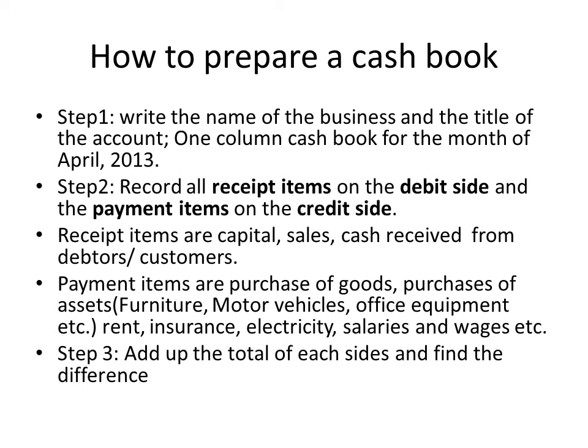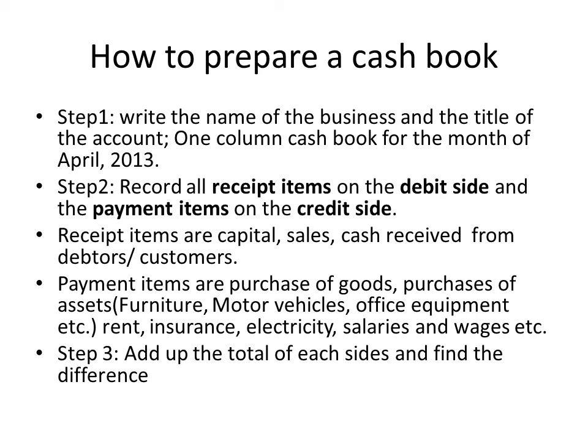Cash received from debtors or customers are receipt items. And also, if the business received a loan from any individual, either a private individual or organizations, it will also appear on the debit side. Then payment items are usually purchase of goods, purchases of assets such as furniture, motor vehicles, office equipment, when you pay for rent, insurance, electricity, salaries and wages. When you are paying for anything, it appears on the credit side.